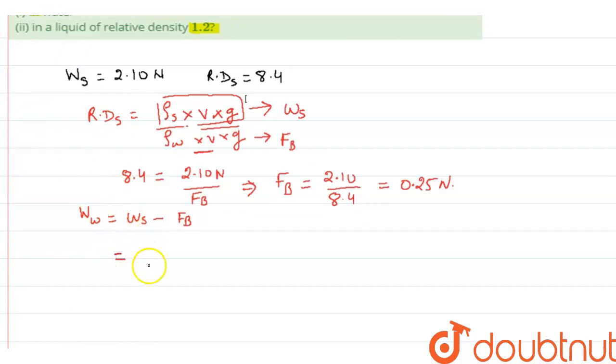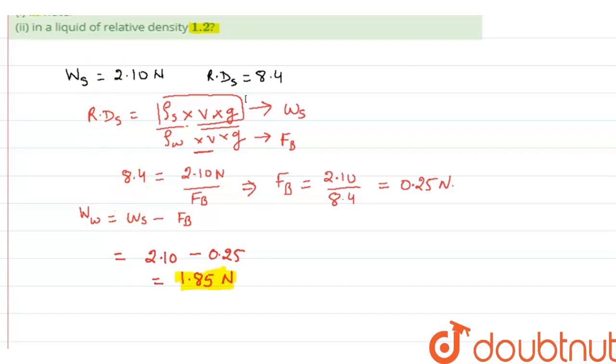Weight of the solid is 2.10 Newton minus the buoyancy force we have already calculated, that is 0.25. From here the difference is 1.85 Newton. So our first answer is 1.85 Newton, that is the body weight in the water.